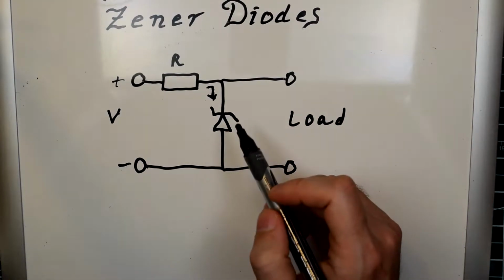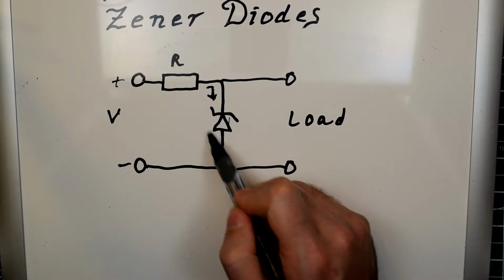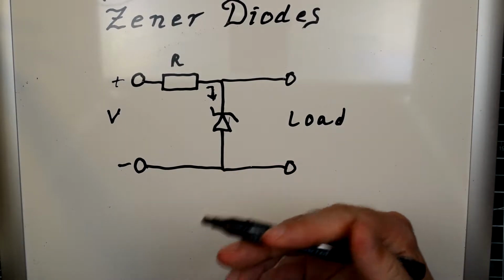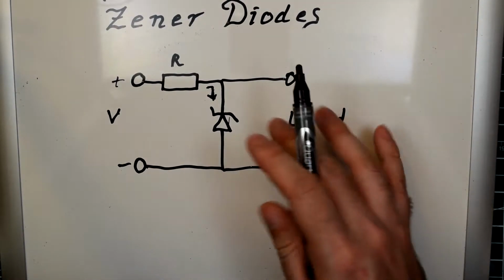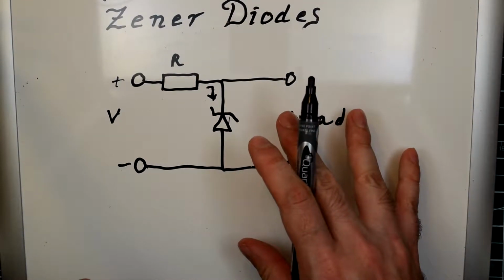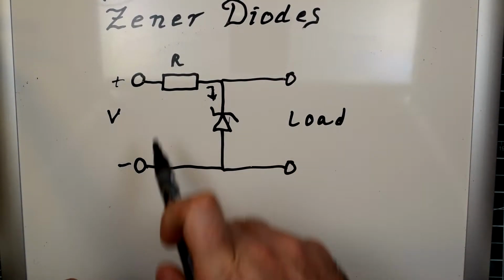There are disadvantages to this because you do have to regulate the amount of current going through a Zener diode. They can't generally handle a great deal of current. So it has to be a very low current circuit that you're using this regulator for.